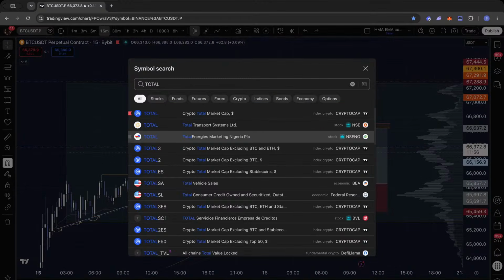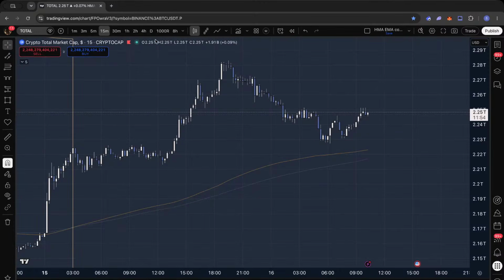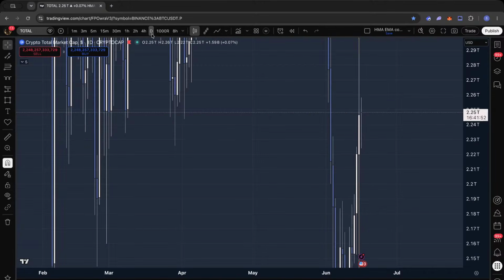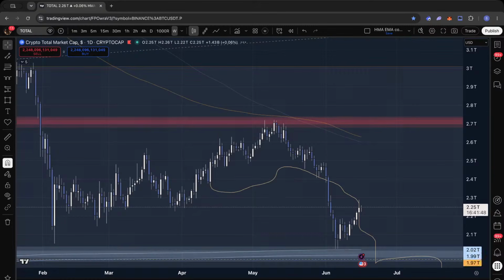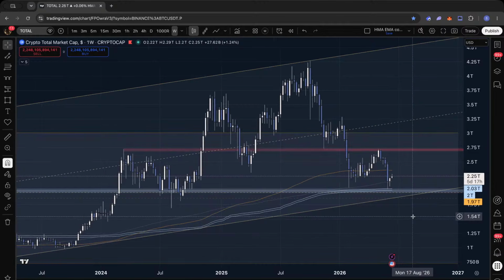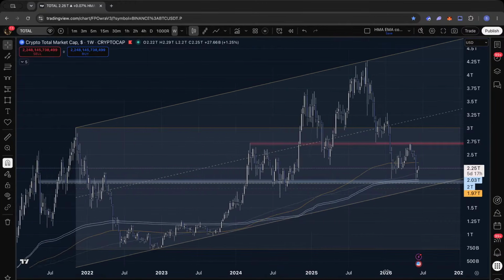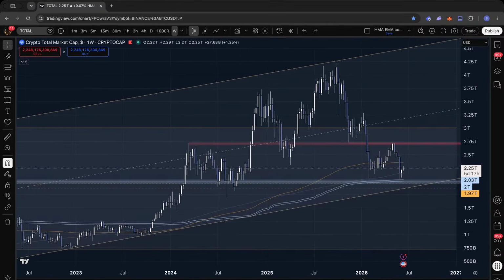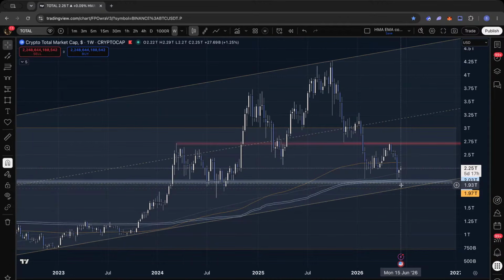So total. Let's go on a high time frame. Weekly. Let's get out the squiggly. Total, we had a perfect tap of the 2.02 trillion. I did mention that most likely we'll have a good reaction here at the lows.